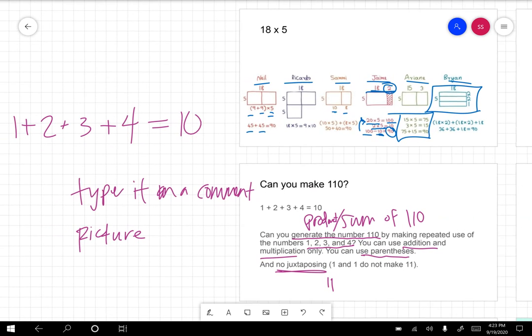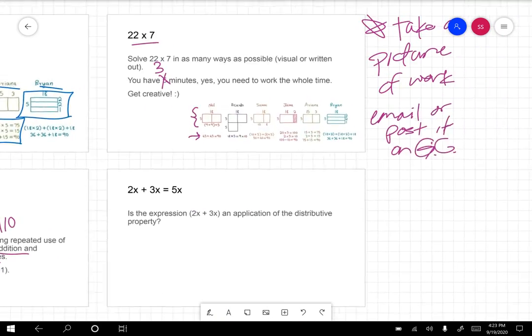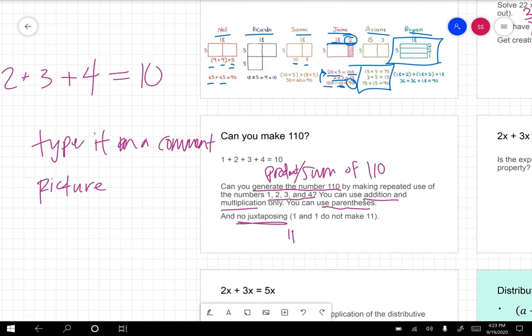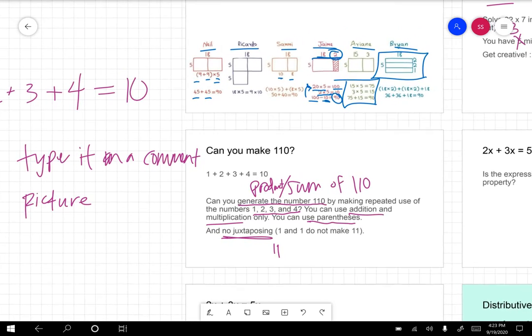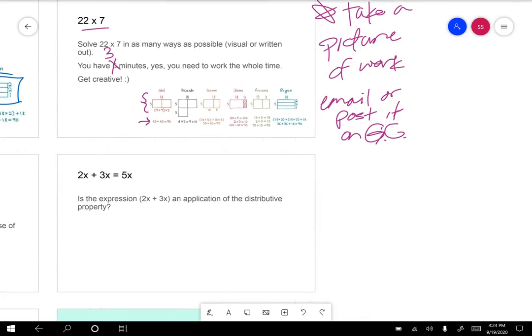So pause the video, do that, come up with at least one way to do it, and then comment on this Google Classroom material assignment, I guess you could say, and then come back. And again, I'm not going to go over answers for this just because I want to see what creative ways you guys come up with without spoiling anything.